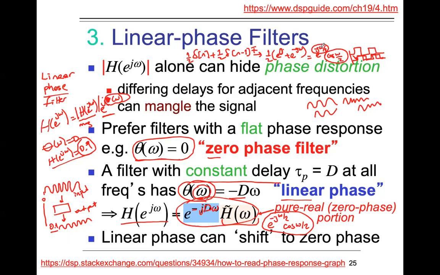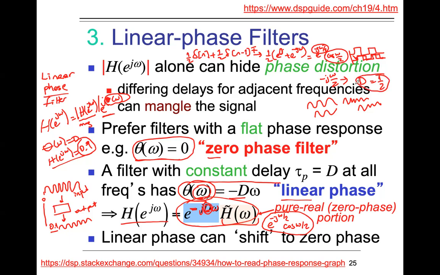What is my amount of delay? Look, what was it? -jω/2. What is my d here? The minus is already here. I'm after this d. What is this d? 1/2.